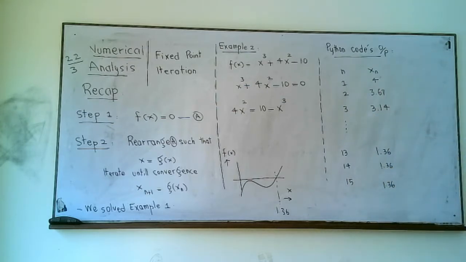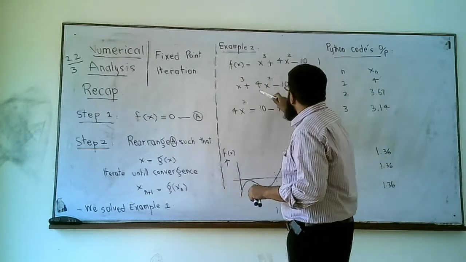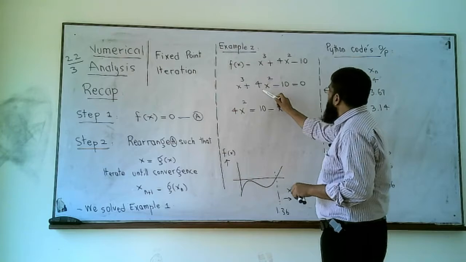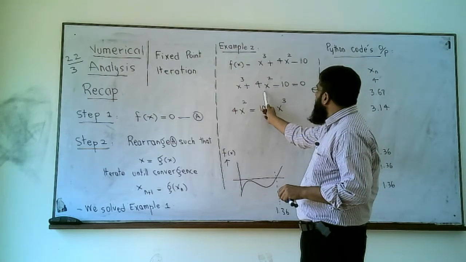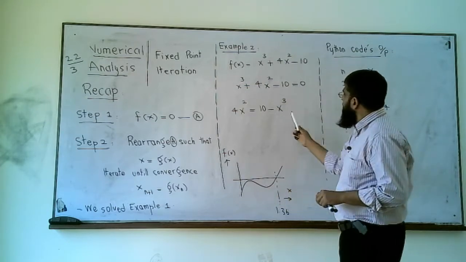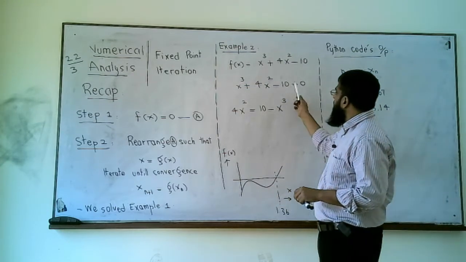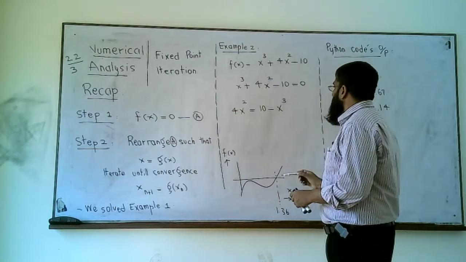Right, so we'll start with step number 1, that is, we put f of x equal to 0. We keep 4x squared on the left hand side and take 10 minus x cubed on the right hand side. If we take it to the right hand side, this minus 10 becomes plus 10, and this plus x cubed becomes minus x cubed.